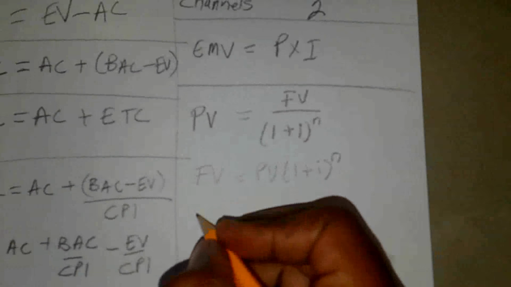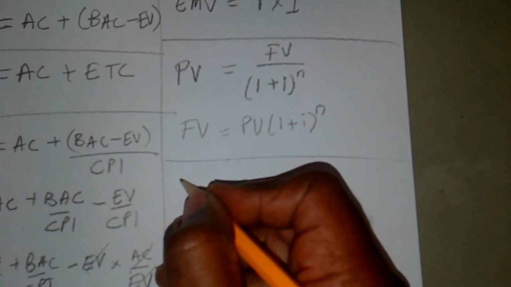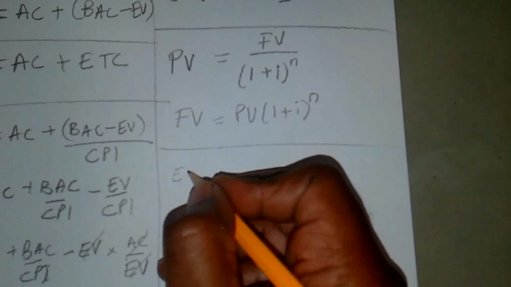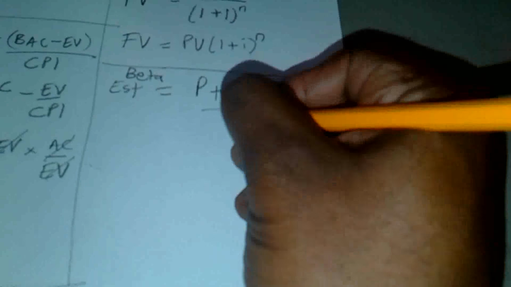You can also put down your 3-point estimate. If it's a beta, the estimate is going to be equal to pessimistic plus 4 times most likely plus optimistic, divided by 6.